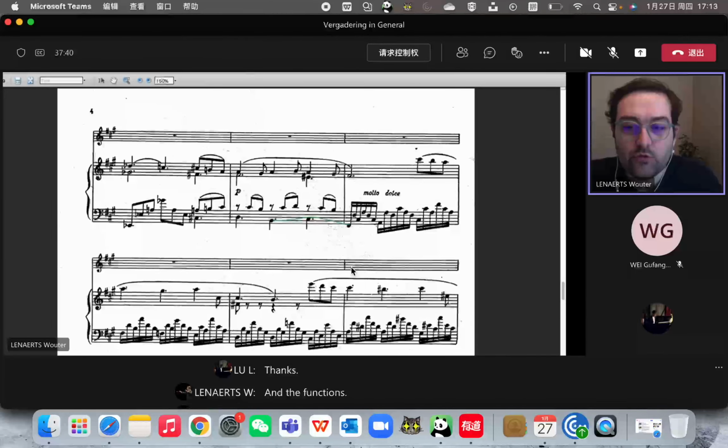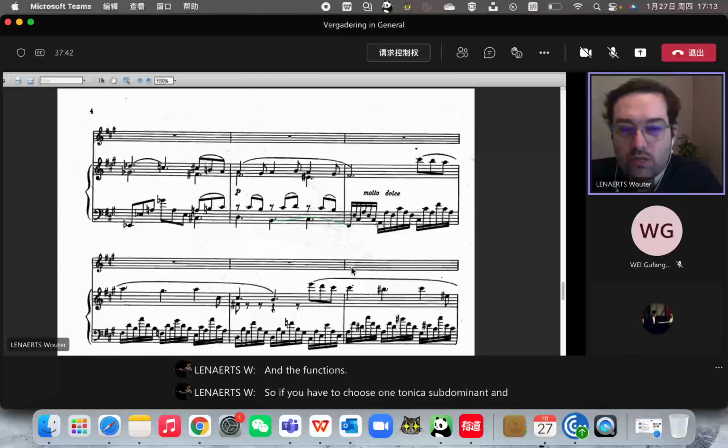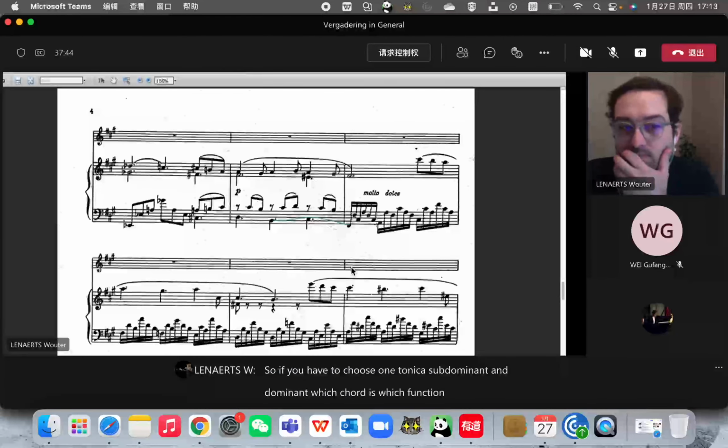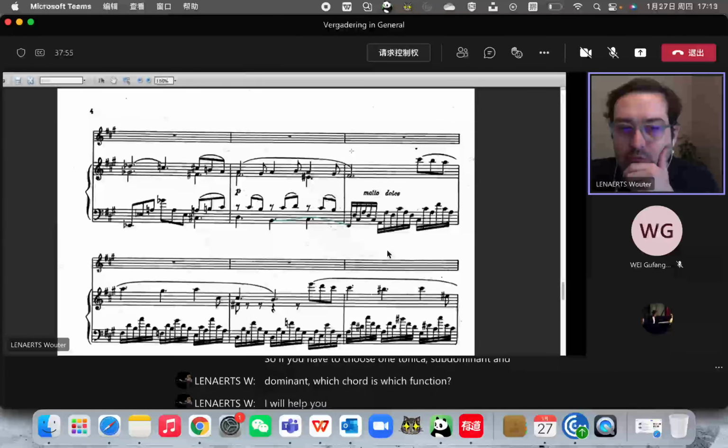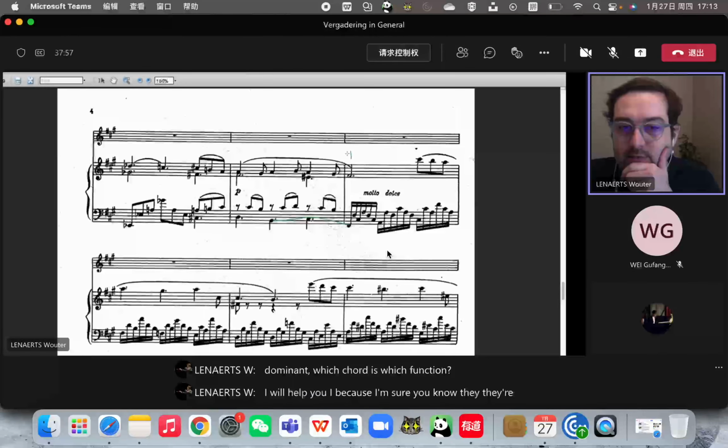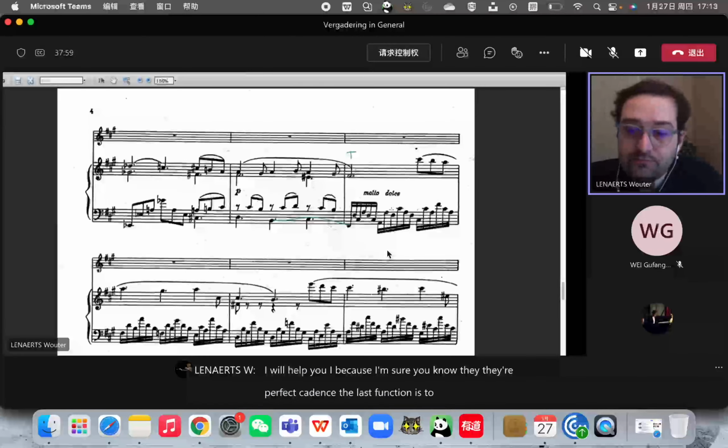So if you have to choose from tonica, subdominant, and dominant, which chord is which function? I will help you because I'm sure you know that in the perfect cadence, the last function is tonica.